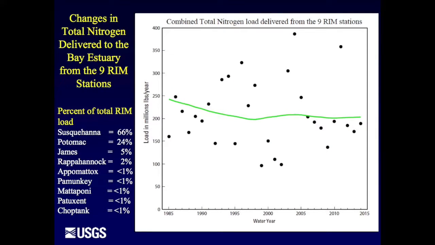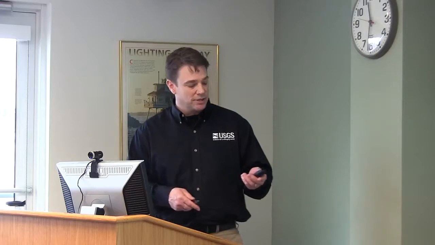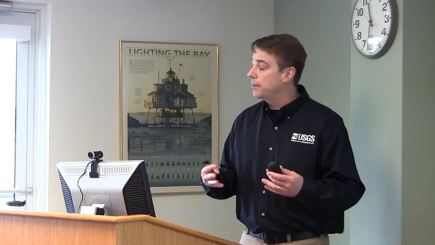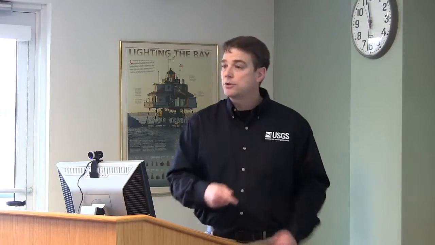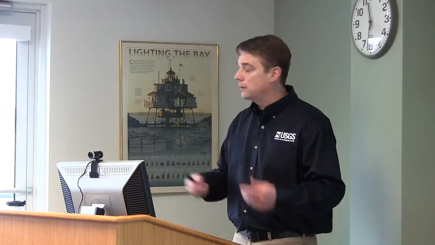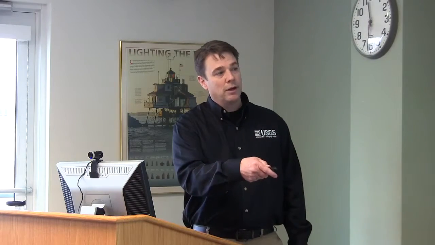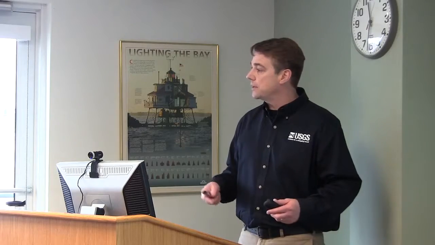What everyone is asking is, what is the trend in the nitrogen being delivered to the bay? So we can roll up the response from the 9 RIM stations, and this really is the overall pattern of what we see being delivered to the bay. You could basically surmise from this that over the long term, that load is improving, and we see that improvement starting to taper off or slow over the most recent 10 years.